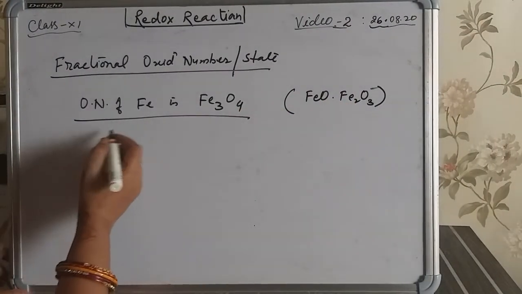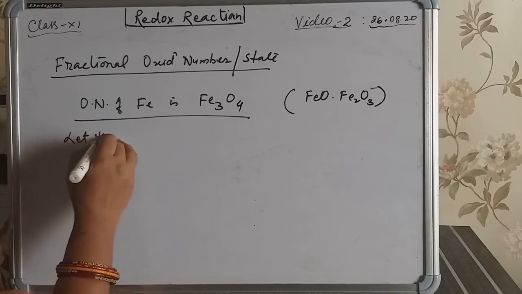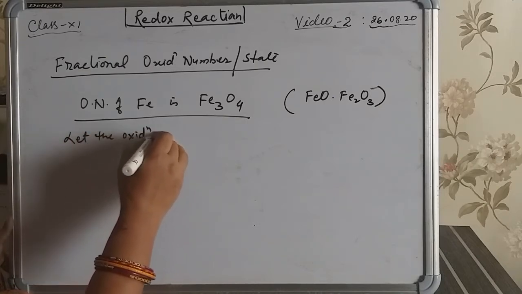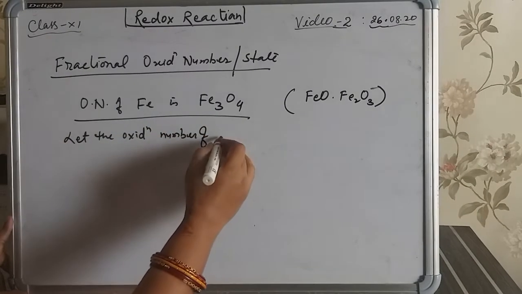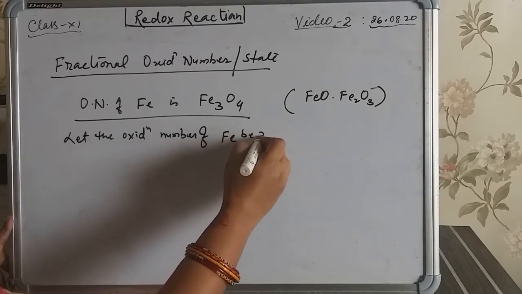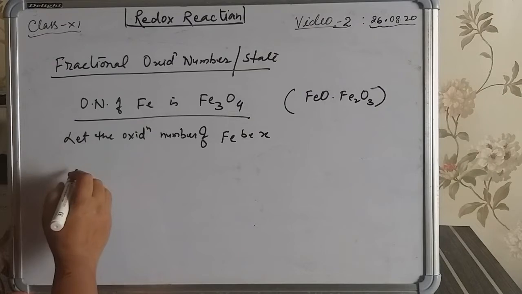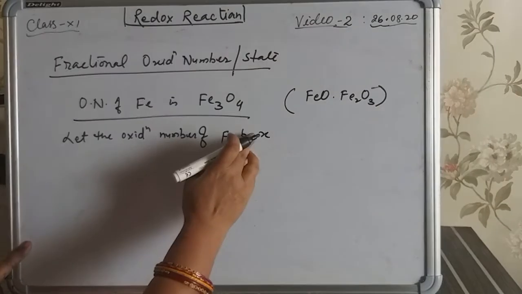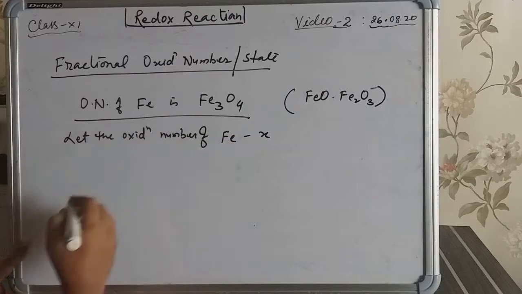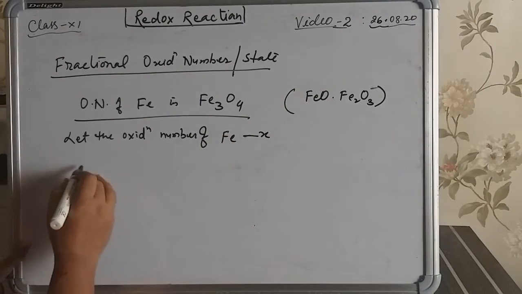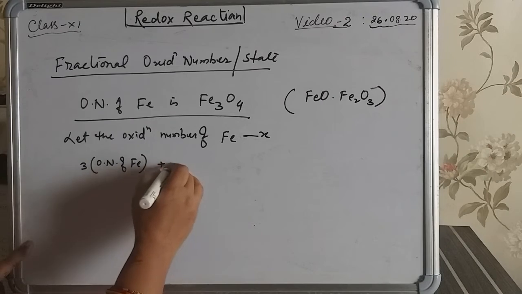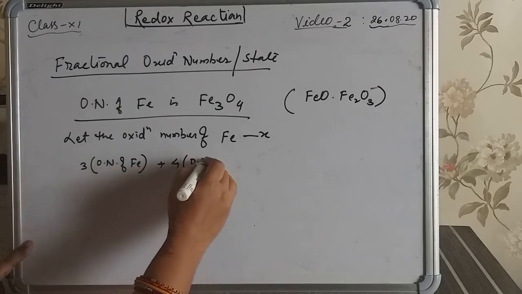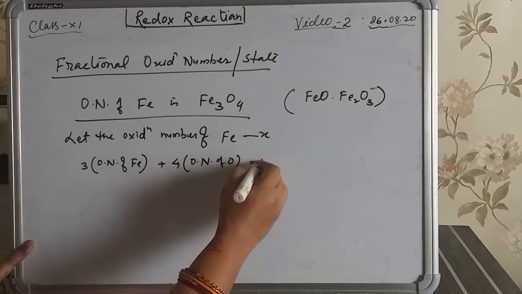So let the oxidation number of iron, Fe, be x. Find the x. So 3 times the oxidation number of Fe plus 4 times the oxidation number of O equals 0.